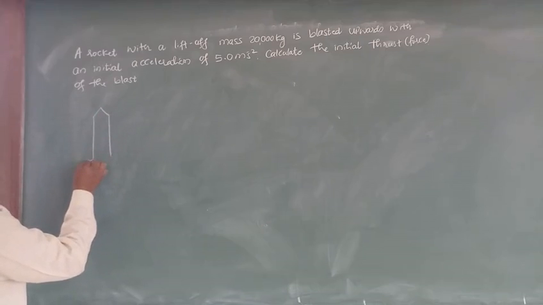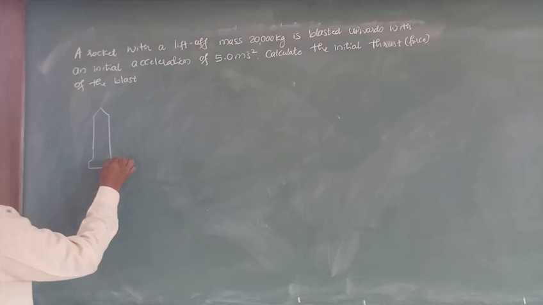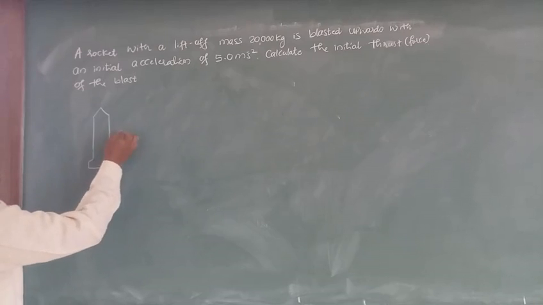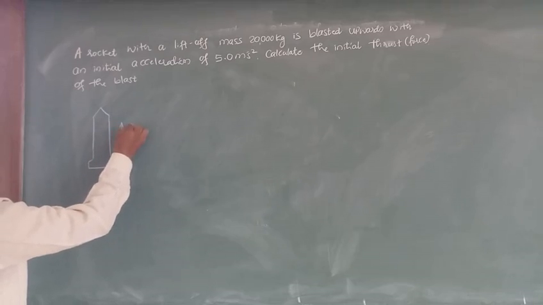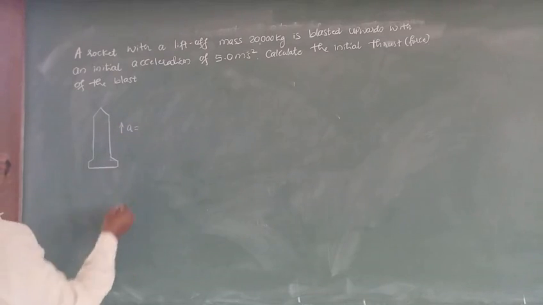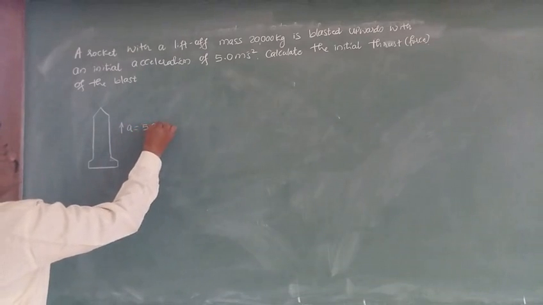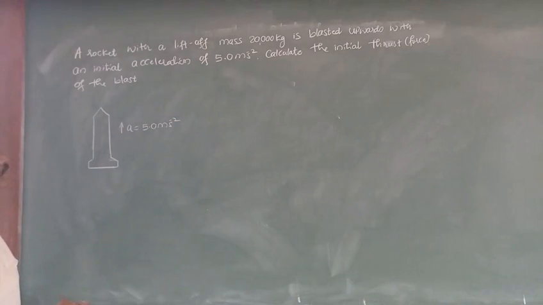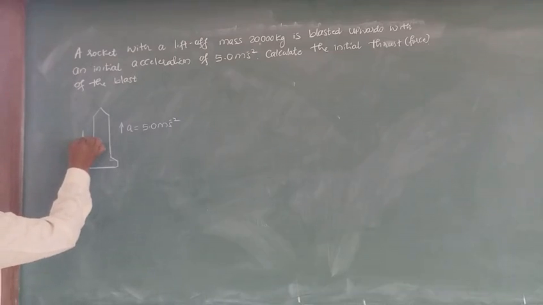So a rocket, or any massive object, which has thrust, is accelerating with an acceleration of 5.0 meter per second square. Here there is one more acceleration, that is due to gravity, which is acting vertically downward.